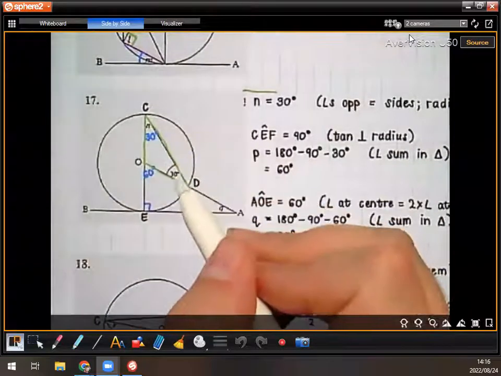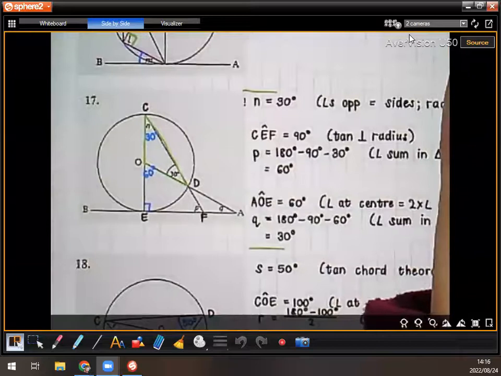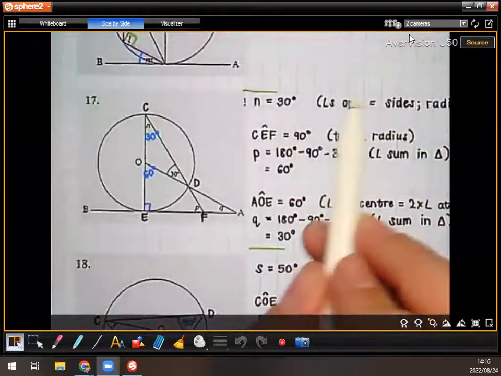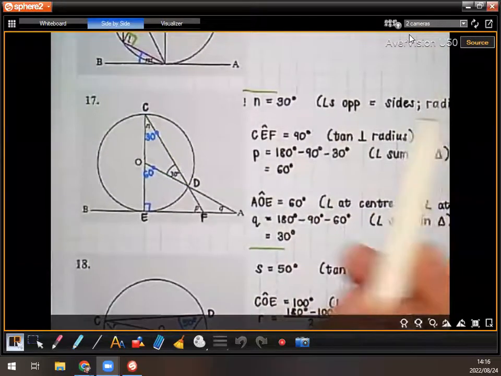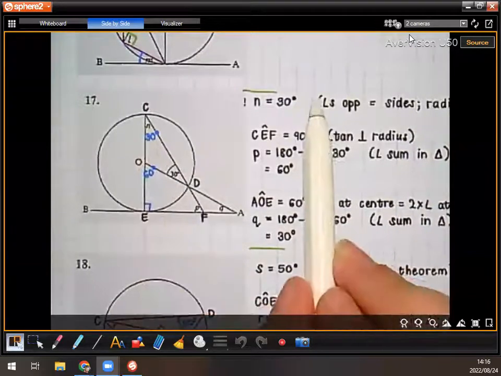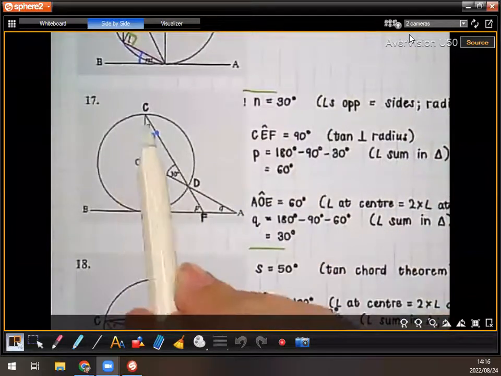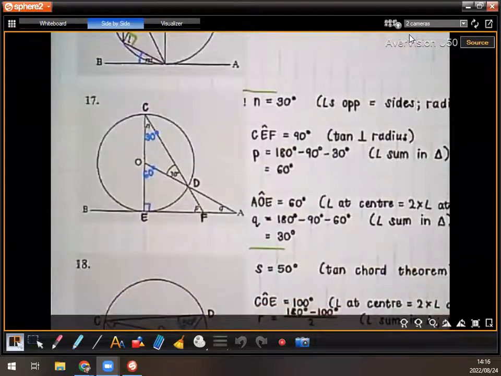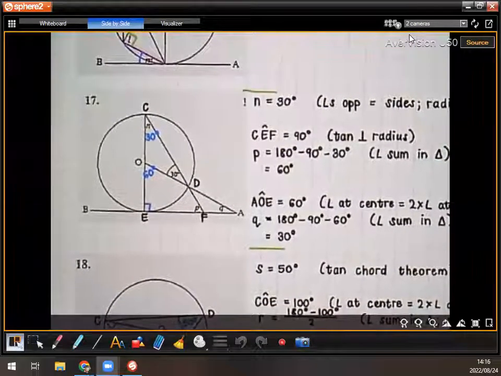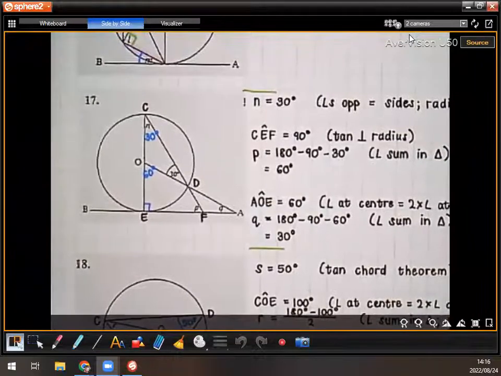That's a radius and that's a radius, so that's where the angles opposite equal sides, radii, comes from, here on the side. Angle N is equal to those two angles. I don't think there was another way of getting in. Unfortunately, if you weren't able to spot that isosceles triangle, you would have been stuck in the rest of it.